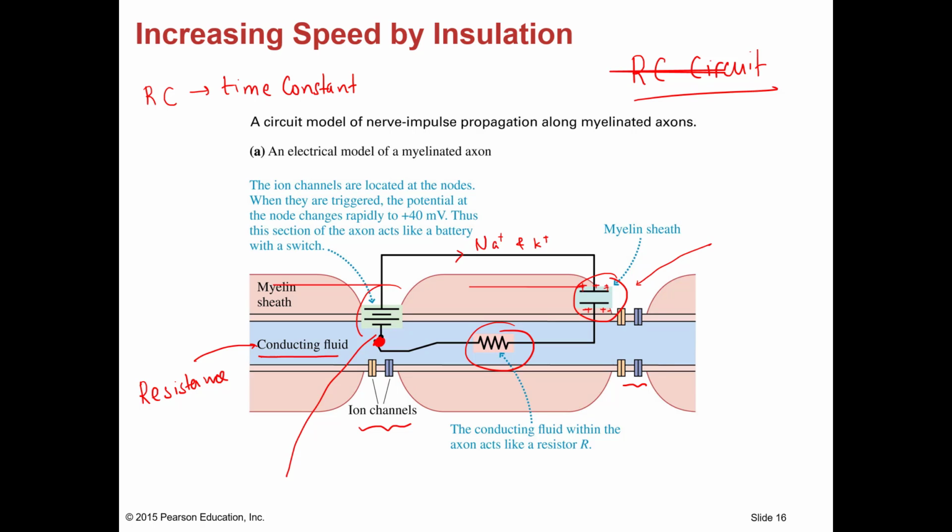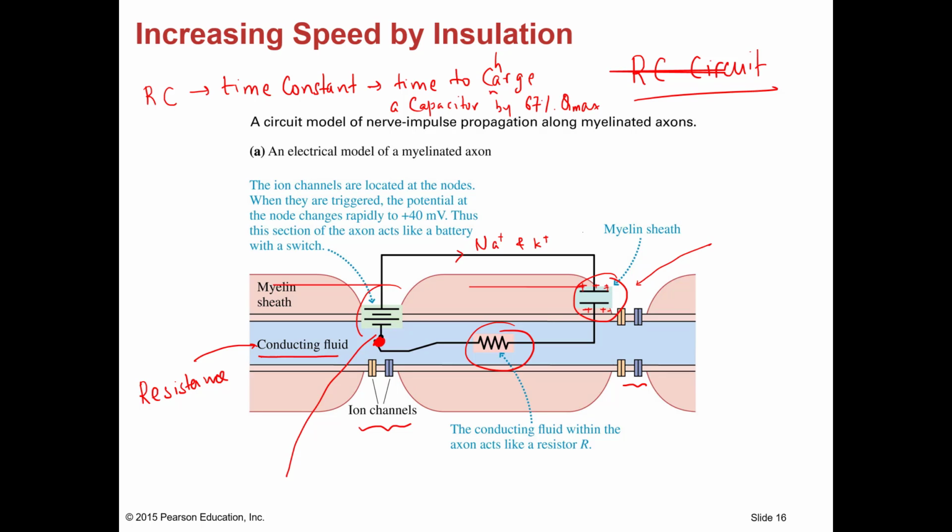So it's the time to charge a capacitor in the RC circuit to 67% of its maximum value, 67% Q max.